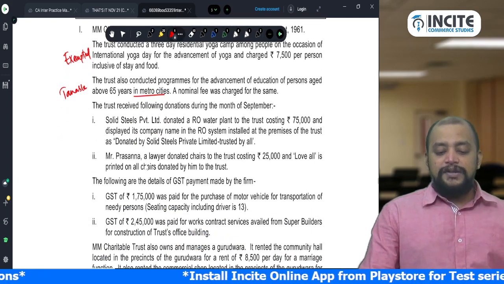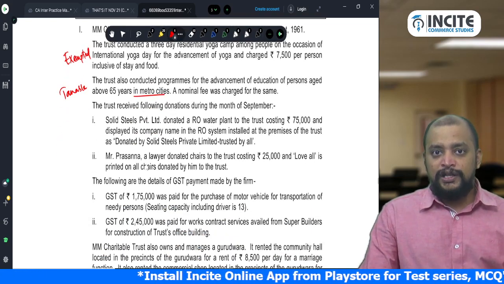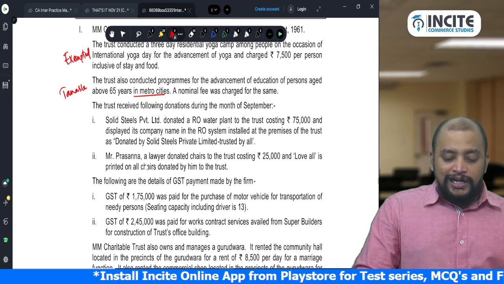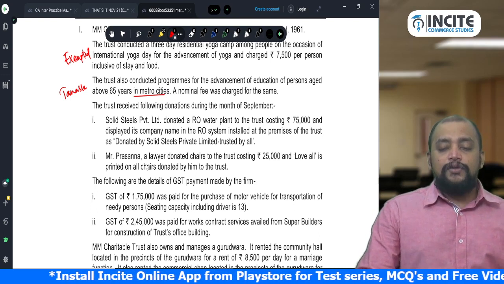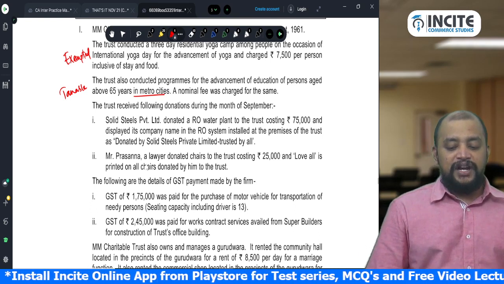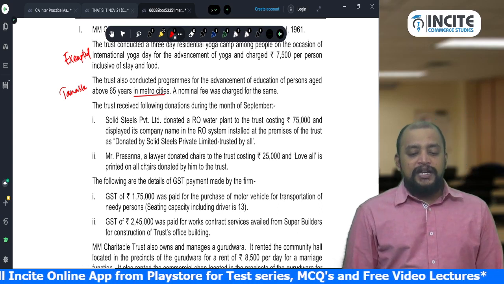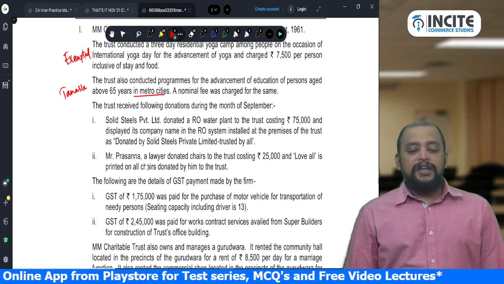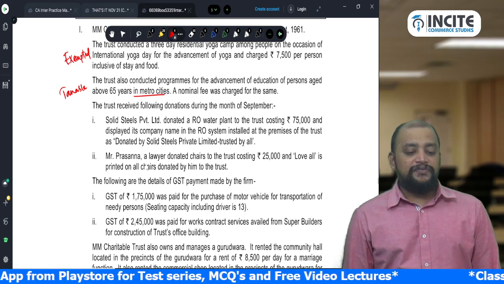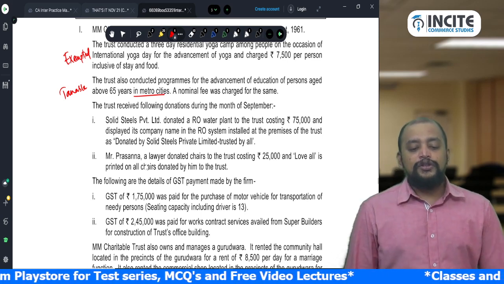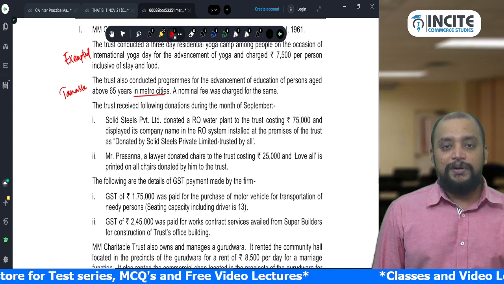The trust received the following donations during the month of September. Solid Steels Private Limited donated an RO plant to the trust costing 75,000 and displayed its company name in the RO system installed at the premises of the trust as donated by Solid Steels Private Limited, trusted by all.